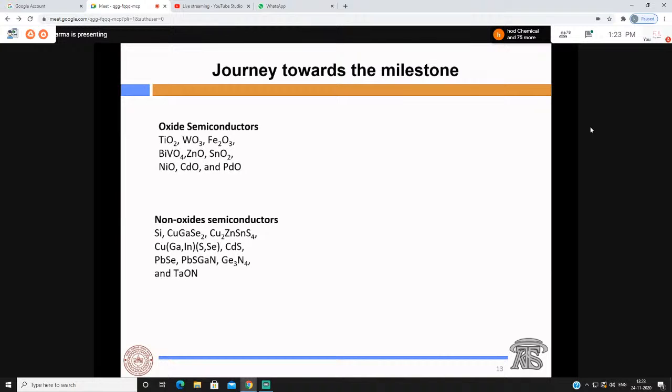And now we come to the different materials which are being utilized. There are some oxide semiconductor materials. You might have heard about TiO2, tin oxide, iron oxide, bismuth vanadate. There are some non-oxide semiconductor materials also. Though these are semiconductor materials, there is a limitation from the commercialization point of view.